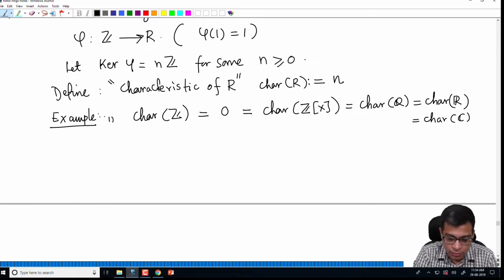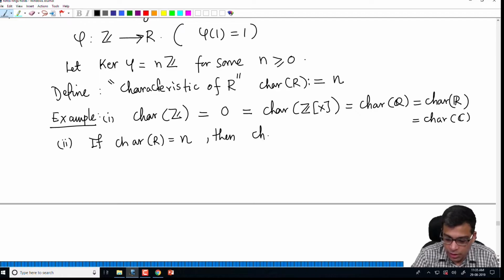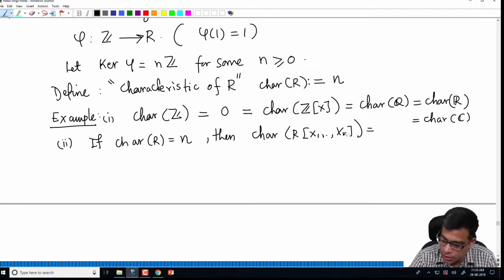Similarly, I can just say this: if the characteristic of R is n, then the characteristic of the polynomial ring R[x1,...,xm], in some number of variables, is also n, right?